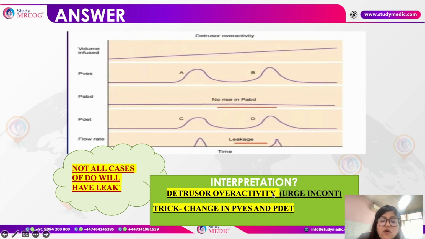You can also call it urge incontinence. So in urge incontinence, there will be rise in P vesical and P detrusor pressure. However, there will be no change in the P abdominal pressure. And not all cases, like the previous graph which I showed, there was no leak in that. However, in this there is a leakage. So not all cases of detrusor overactivity will have a leak.